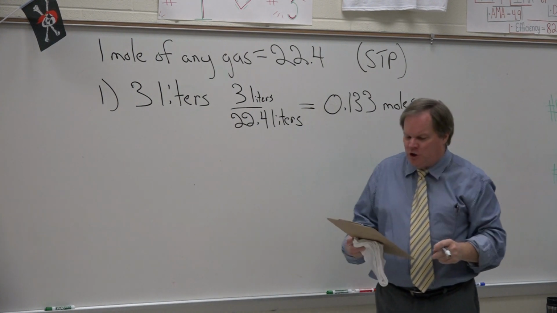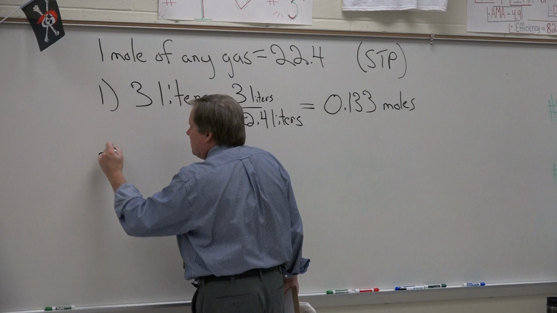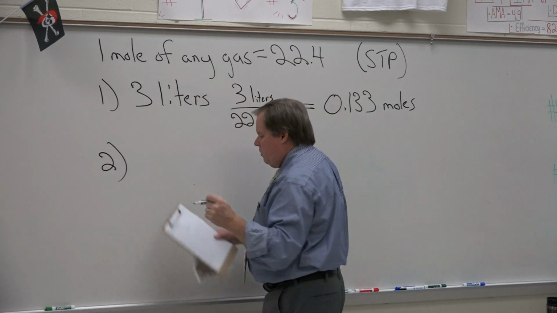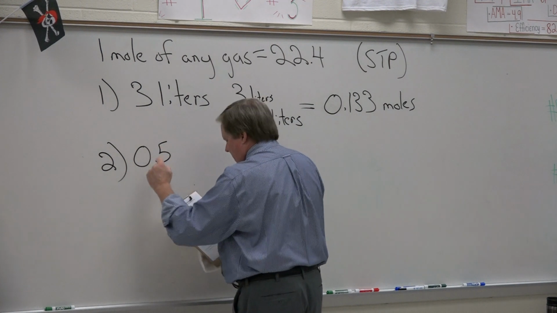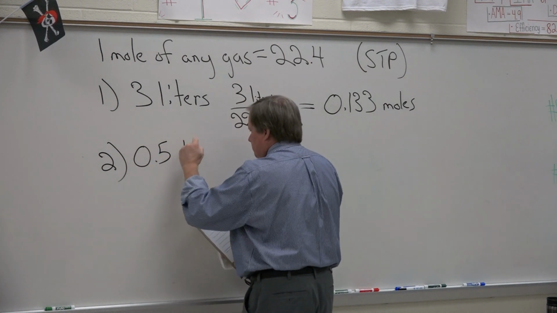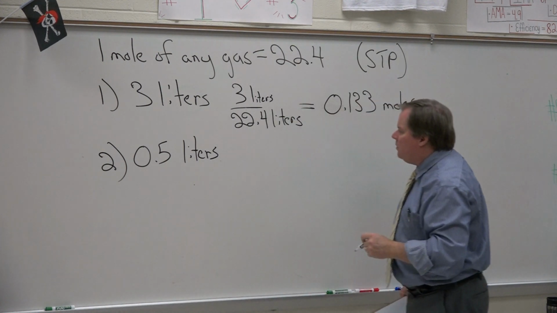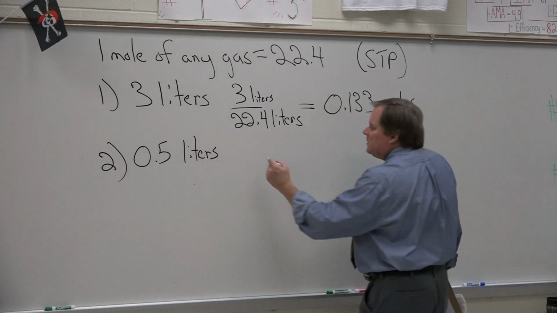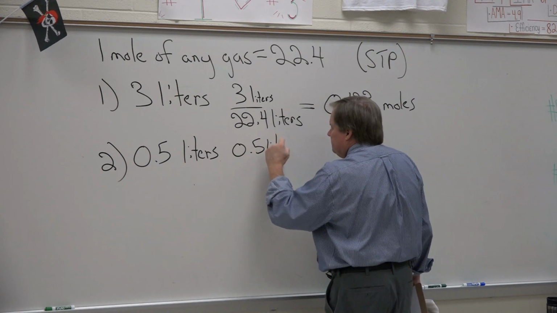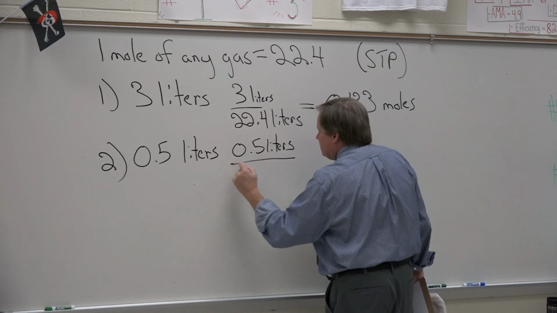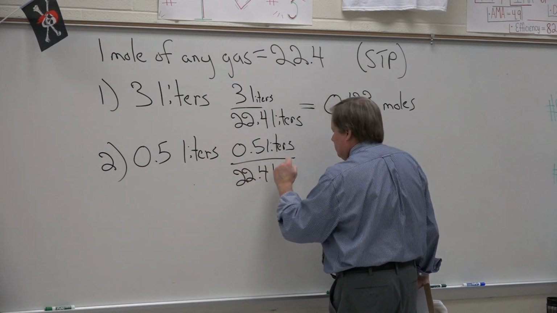The practice question again from the PowerPoint. Question number 2, I am giving you 0.5 liters. We're calculating moles again. So it's the same ratio, 0.5 liters over 22.4 liters.